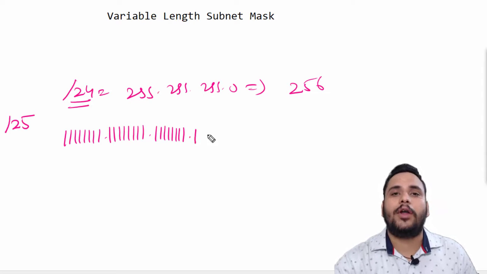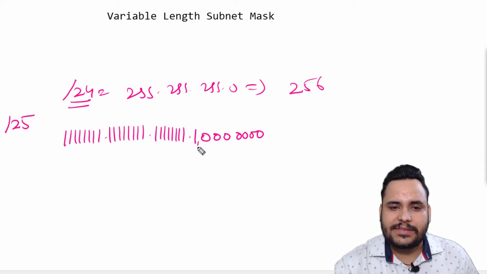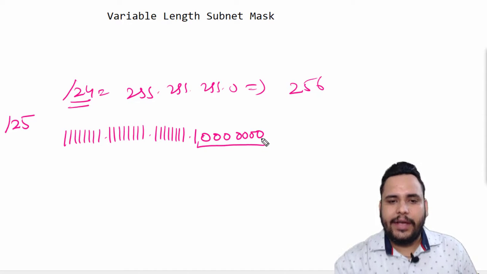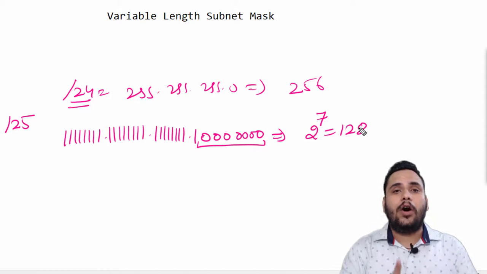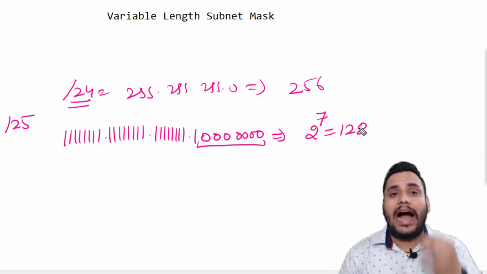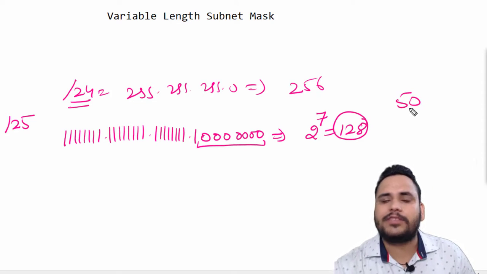If I am adding one on bit, then obviously my host bits are going to reduce. If zeros are 7, then definitely 2 raised to power 7 is equal to 128. Now within one network I can choose 128 IPs, but my requirement is 50.